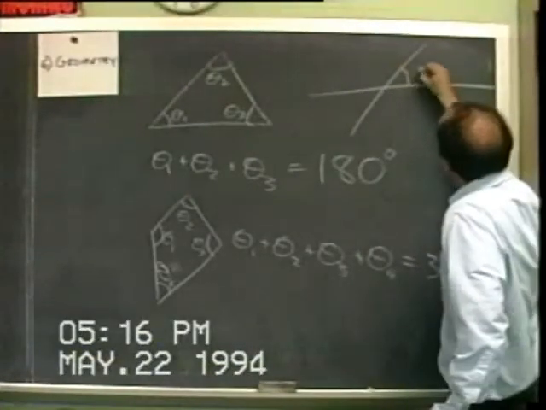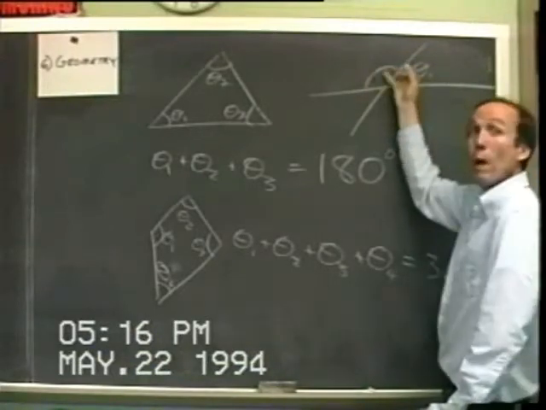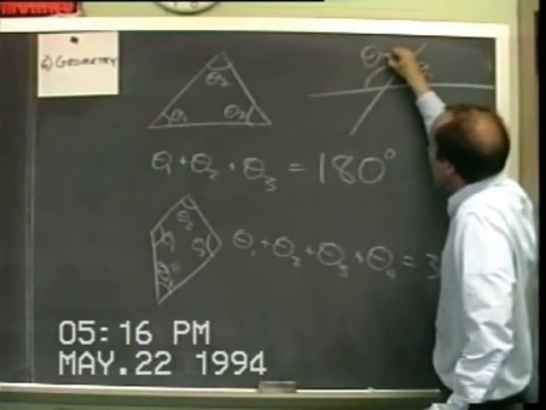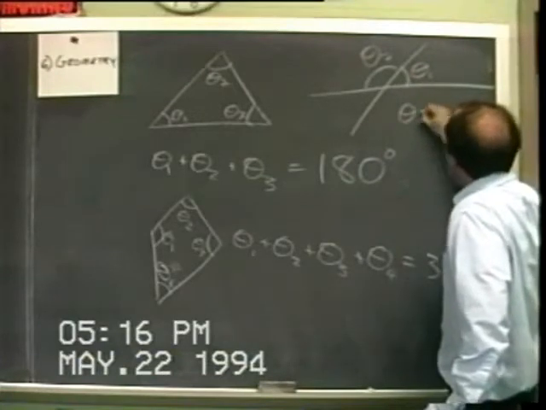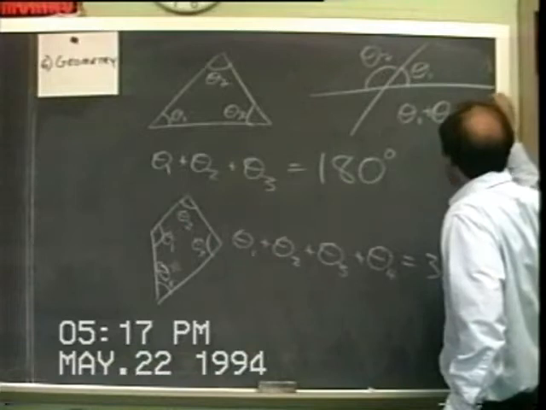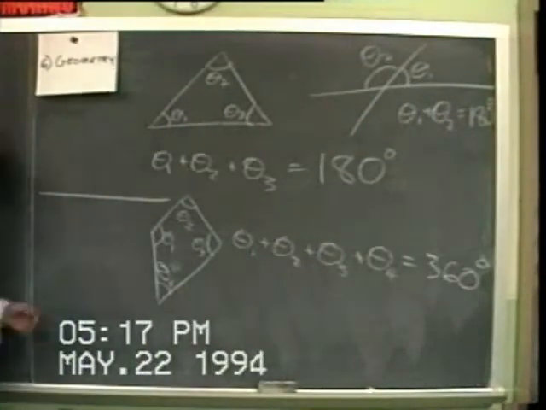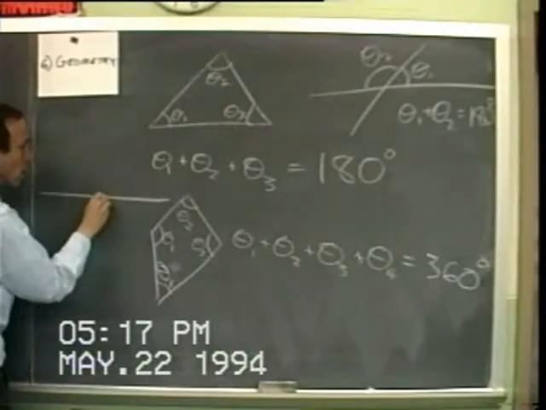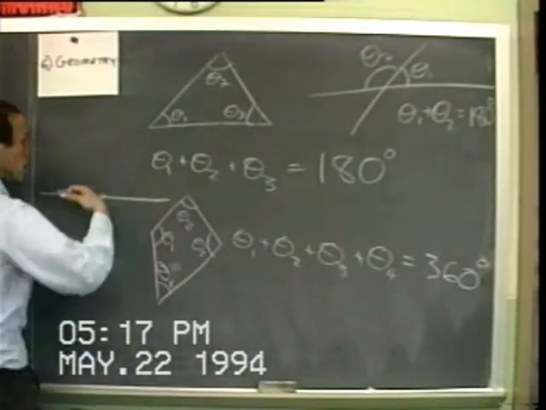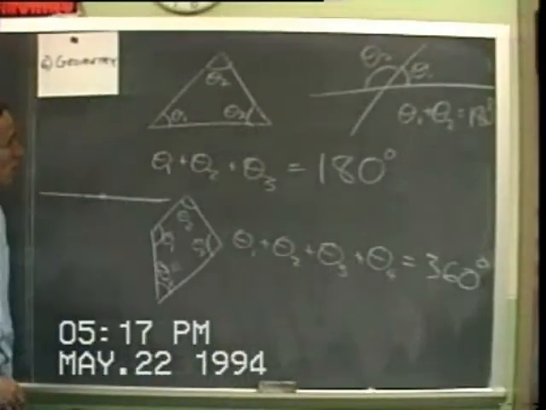I know one angle; this other angle, when added with that one angle, they have to add up to 180 degrees. The opening, an angle, is always the opening between two lines. If we just got one line and say, what's the opening between this segment and that segment? It's 180 degrees.